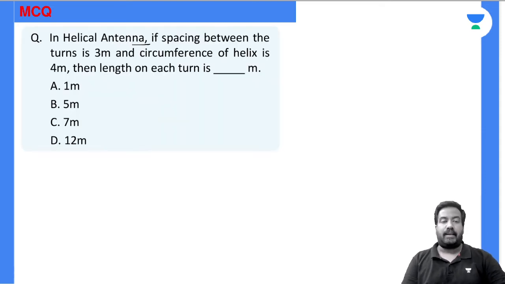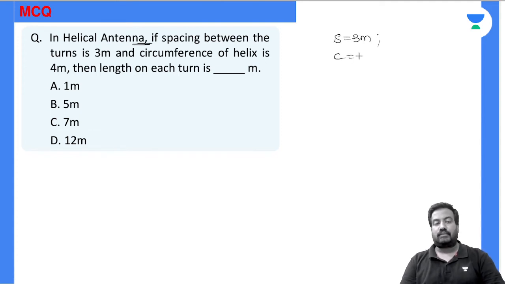In a helical antenna, if the spacing between the turns is 3 meter and the circumference of the helix is 4 meter, then what is the length of each turn?